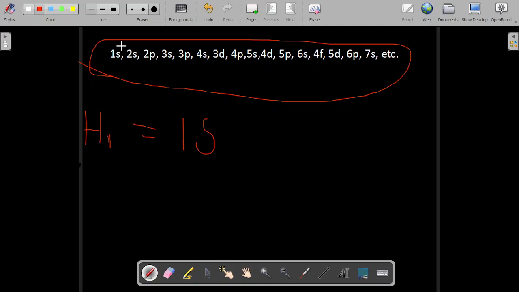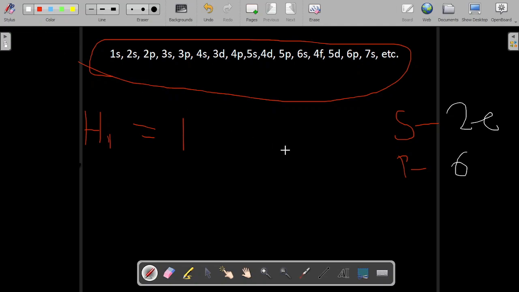It has been stated that these subshells, the s, p, d, f orbitals, have a maximum number of electrons they can contain. Let me state that again. The s orbital can contain a maximum of 2 electrons. The p orbital can contain a maximum of 6 electrons.